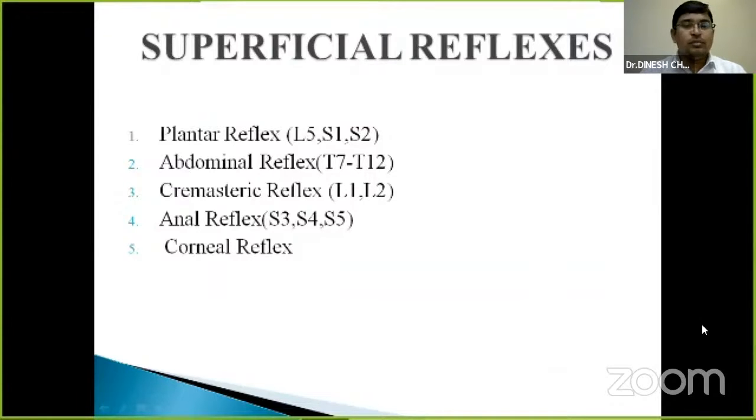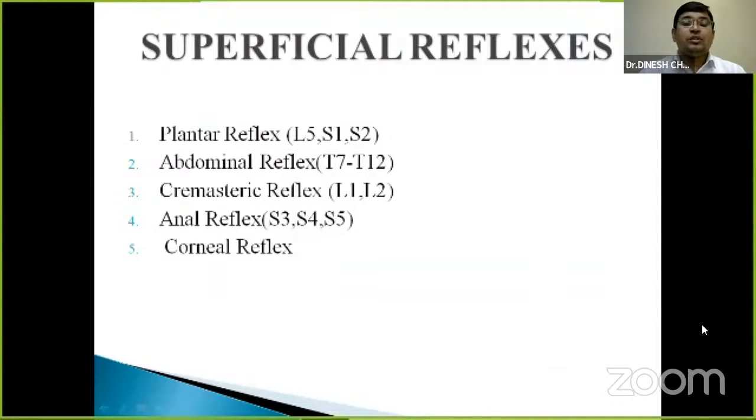Then the cremasteric reflex is very rarely practiced, but it's very important because it is one of the reflexes that tells whether the patient has come out of spinal shock or not in case of spinal cord injury. The cremasteric reflex root value is L1, L2. Then the anal reflex is also very important. Again, very rarely practiced, but it's important to find out whether the patient has come out of spinal shock or not.